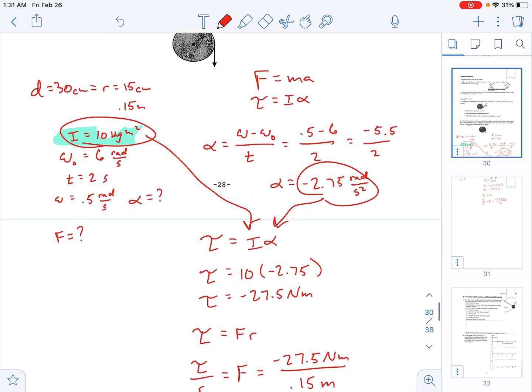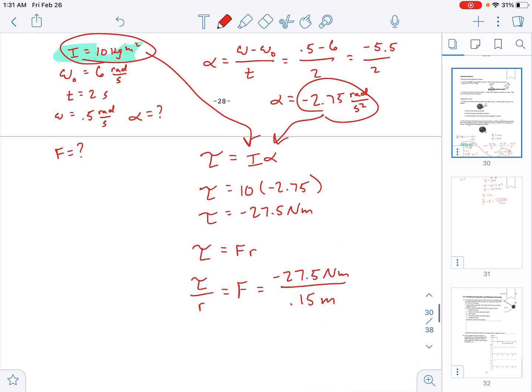Remember, we had to convert our diameter into radius and into meters. And if I pull out my calculator here, 27.5 divided by 0.15 gives me a force of 183.3 newtons.